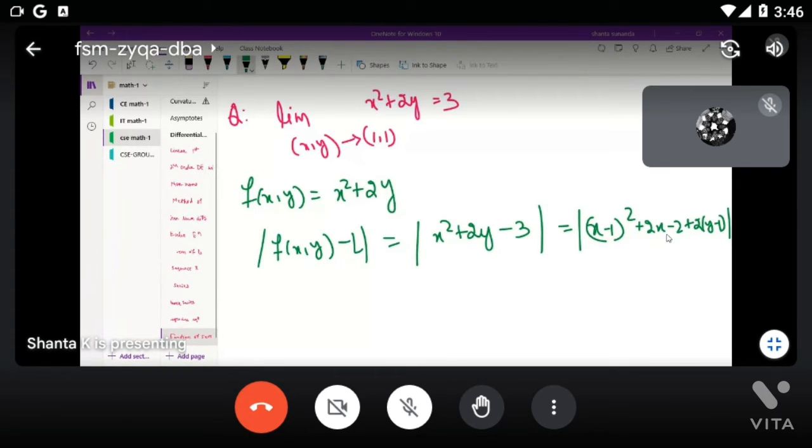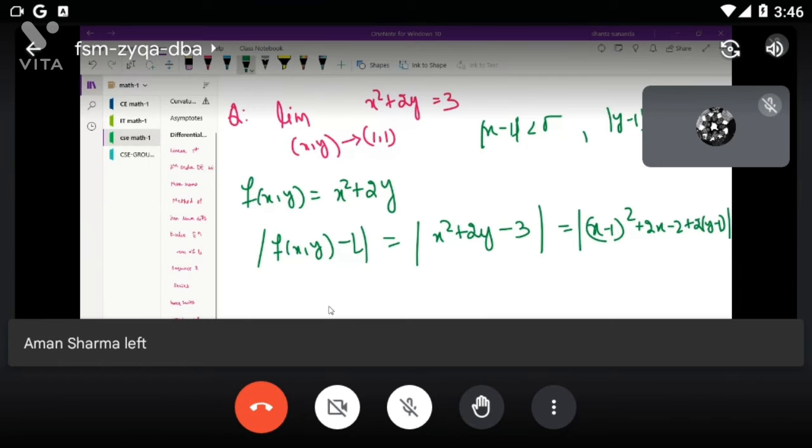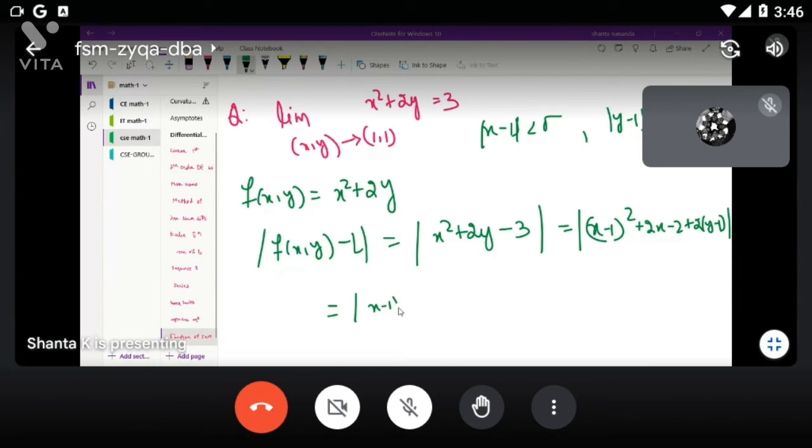Minus 2 and minus 2. Okay. You can also make it x minus 1. So here this is the form. We will try to write it in this form so that at the end we can get it. So (x minus 1) square plus 2 into (x minus 1) plus 2 into (y minus 1).